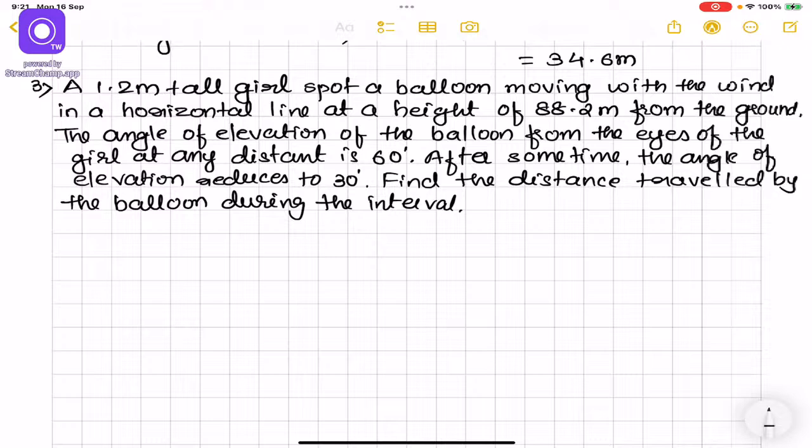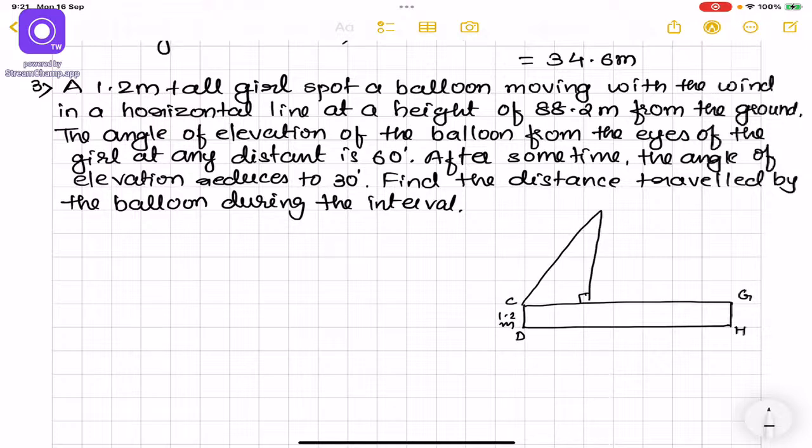So now here again drawing the diagram. It is said that a 1.2 meter height girl is there, so this distance is 1.2 meter. Let me name this as CD and this as GH. First the angle was 60 degrees, and the other is 30 degrees.